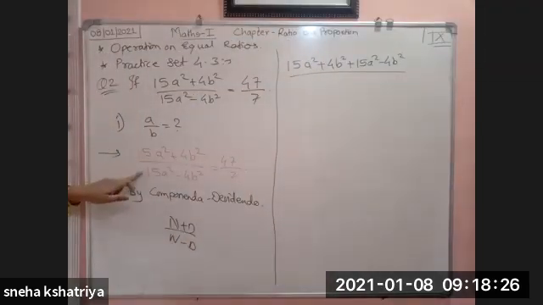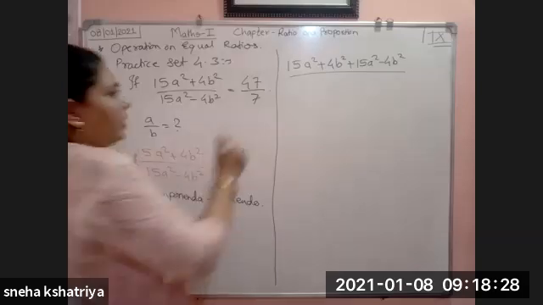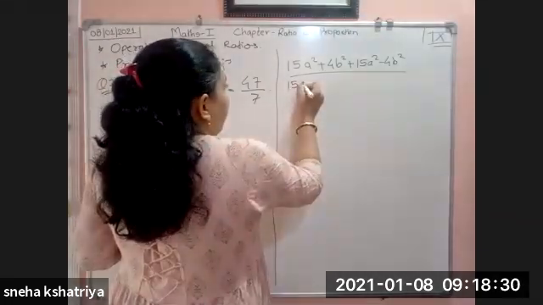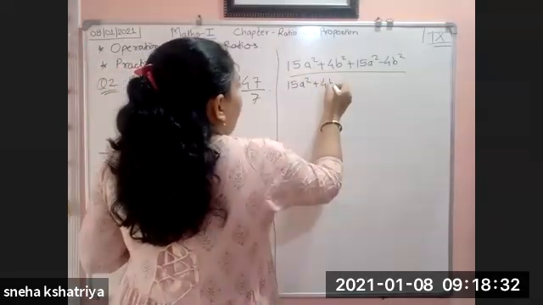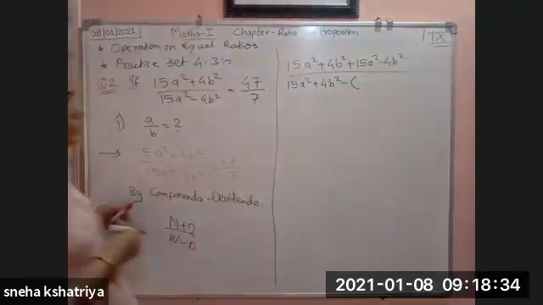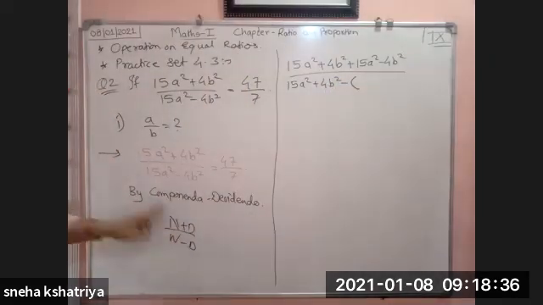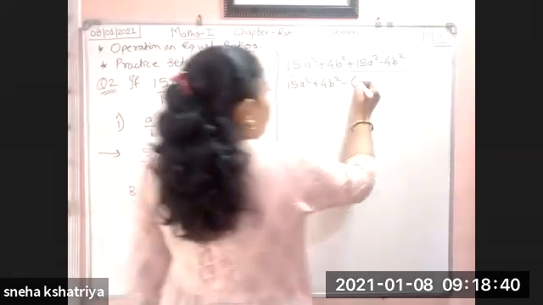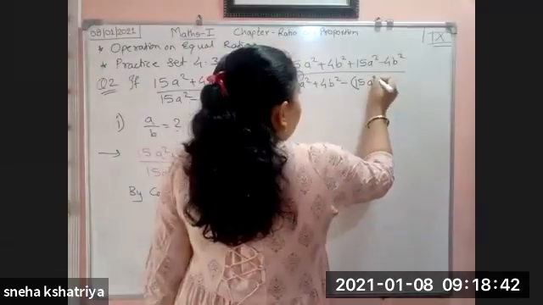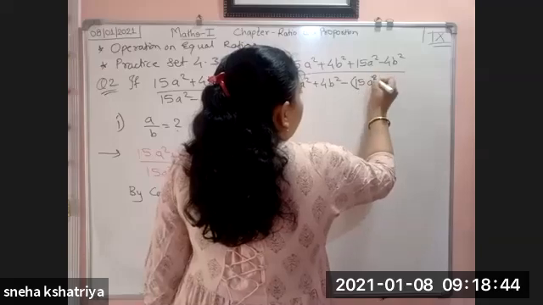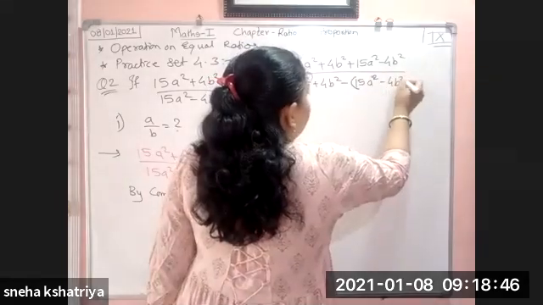Divided by, again numerator minus denominator: 15a square plus 4b square minus, and since subtraction is there, we will write the denominator in brackets, 15a square minus 4b square.